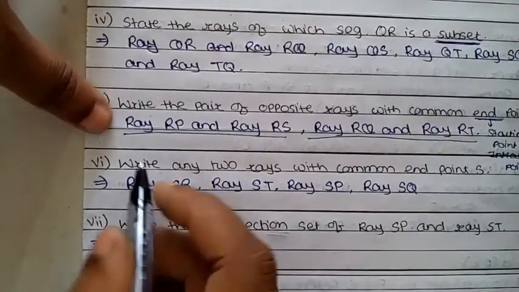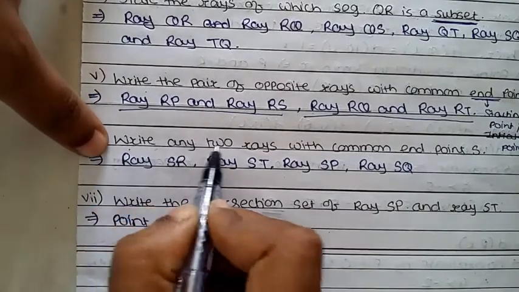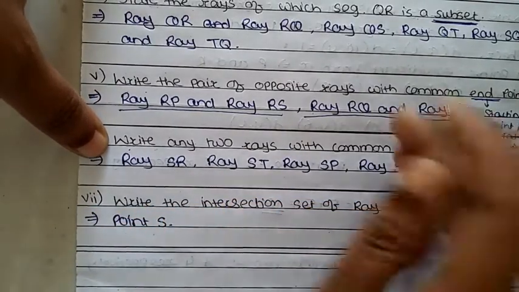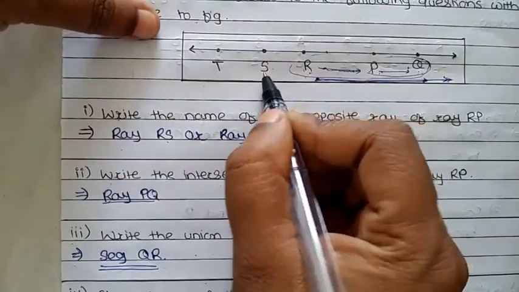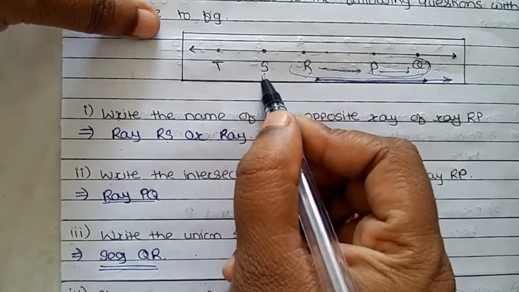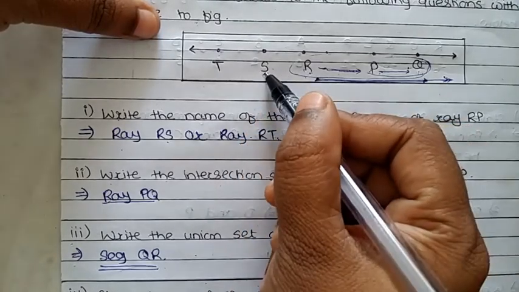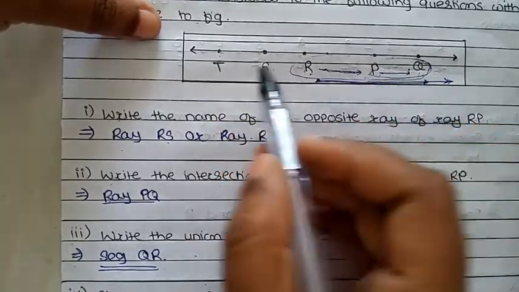Next question, a similar one. Write any two rays with common endpoint S. So according to the point S, how many rays are formed here? Listen: ray SR, ray ST, ray SP and ray SQ.